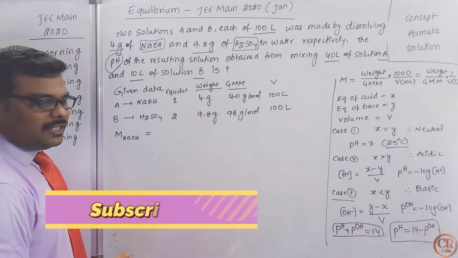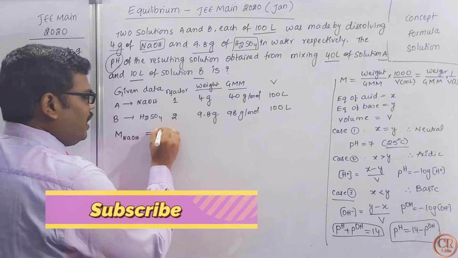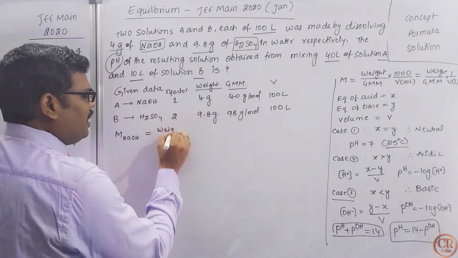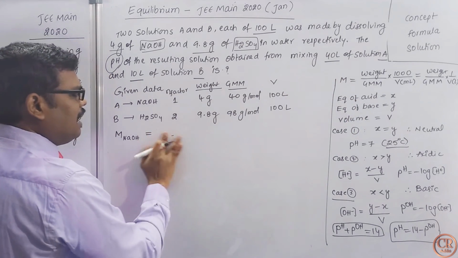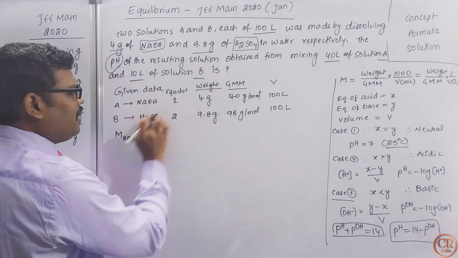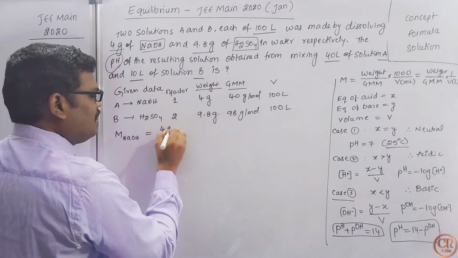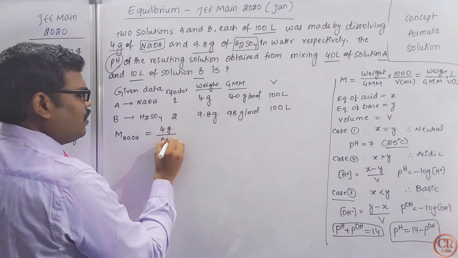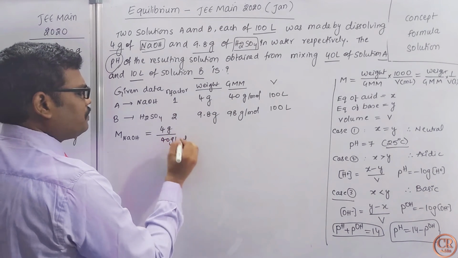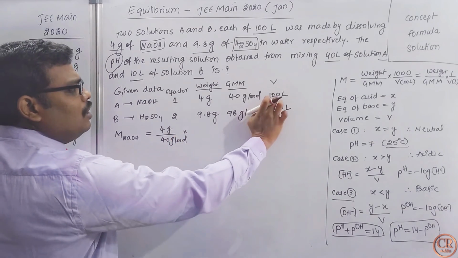Molarity of NaOH is equal to given weight. Already you know the formula is given weight by gram molecular mass. The given weight of NaOH is 4 grams and the molecular mass of NaOH is 40 grams per mole, into the volume given in liters.